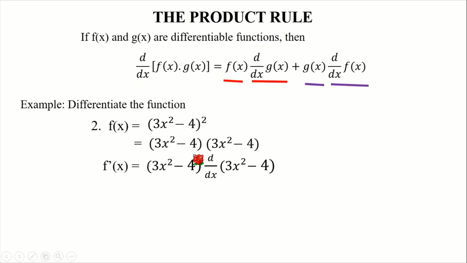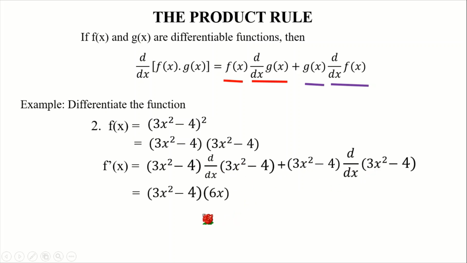So this is our first function and this is our second function. Okay? So all we have to do is kukunin natin itong first function natin, i-times natin sa derivative ng second function plus second function natin times derivative ng first function. Right? So kunin mo natin yung derivative ng ating second function.